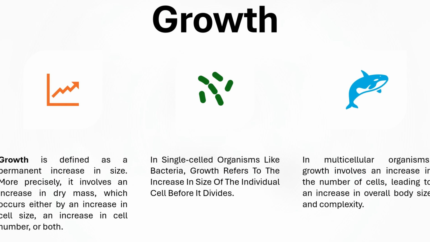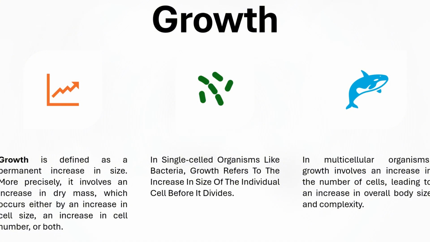So here we define growth as a permanent increase in size. To be very precise, biologists look for an increase in dry mass. This happens in two ways. Either the cells themselves get bigger or the number of cells increases. So let's look at the difference.